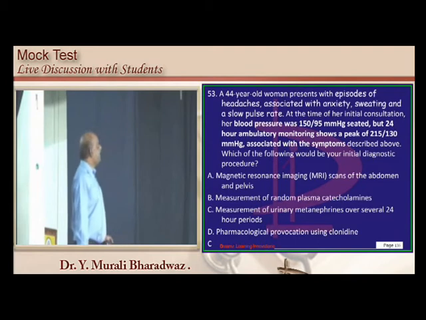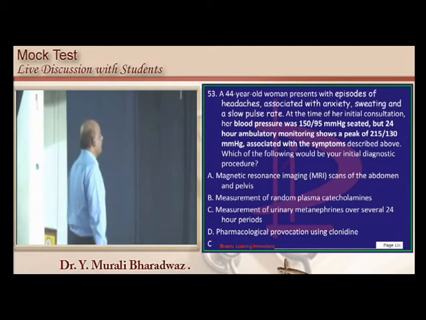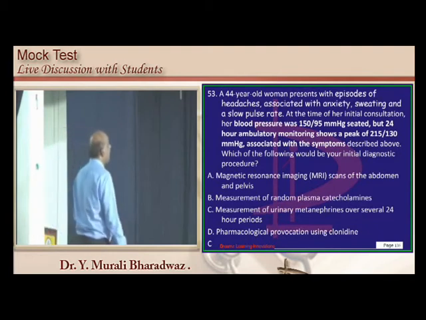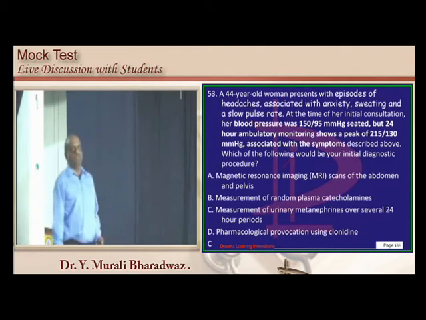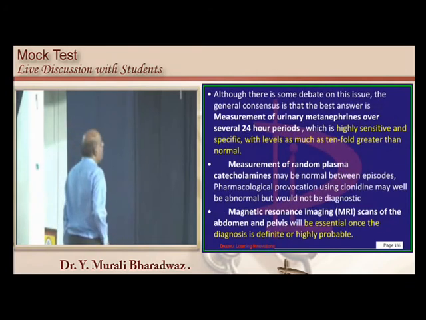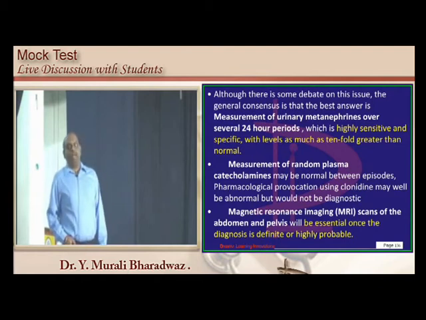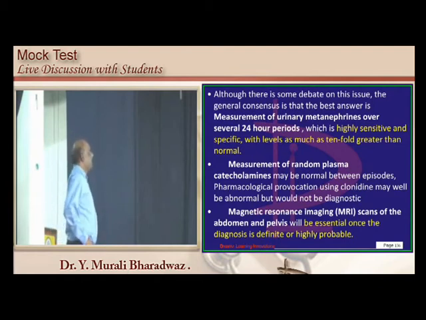A 44-year-old with headaches, anxiety, sweating and a slow pulse rate, BP 150 by 95. What is the best diagnostic investigation? Undoubtedly it is urinary metanephrine; a 24-hour collection is considered highly sensitive and specific.